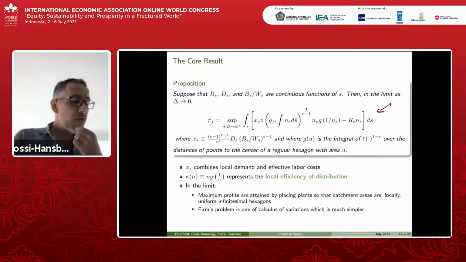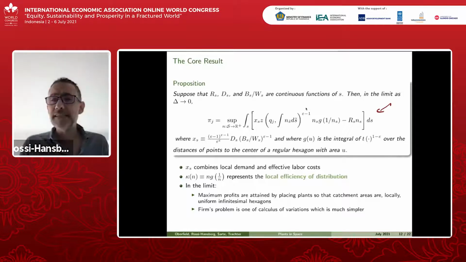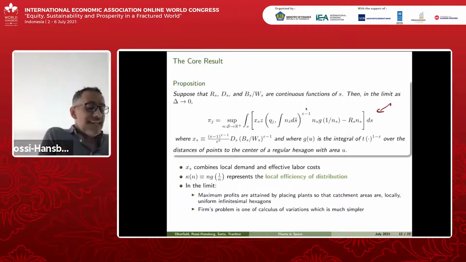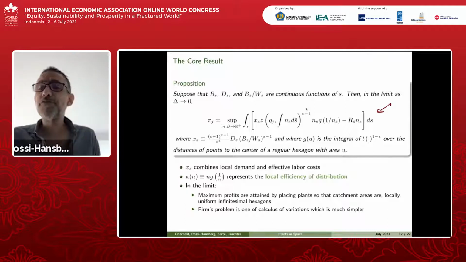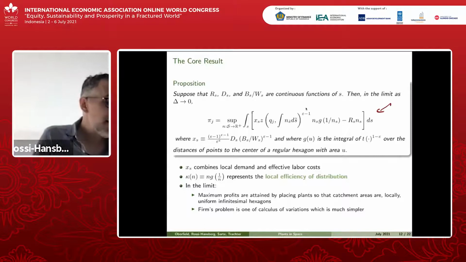It's a problem where you're only deciding the density of plants that you have in the different locations, okay? And because it's only the density of plants, we can solve this problem as a standard calculus of variations problem. So you can take first order conditions and analyze your first order condition, the standard way in which you would solve it.